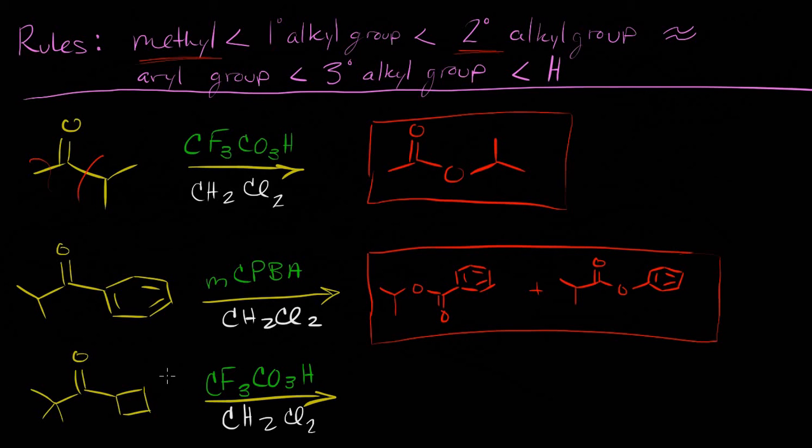Well, again, looking over at our rules, we see that we're dealing with some sort of a secondary group, and then a tertiary group. And we know that tertiary groups beat out the secondary group, and so we should expect our tertiary group to be the group that migrates. And that would be our answer.